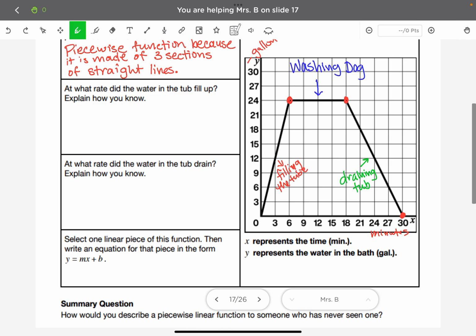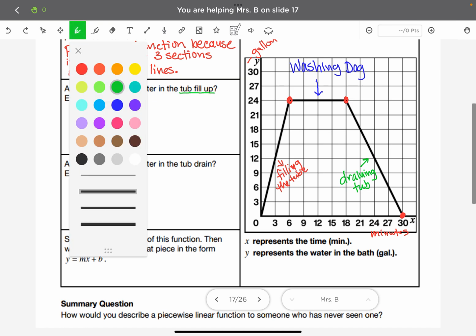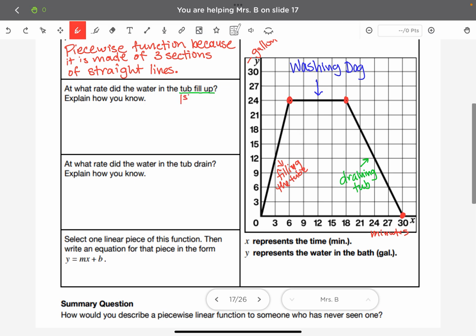So our first question is asking for the rate that the water filled up. So this is going to be in our first section, right? That's going to represent that first section when he's filling the tub.